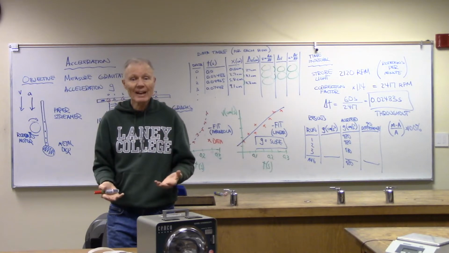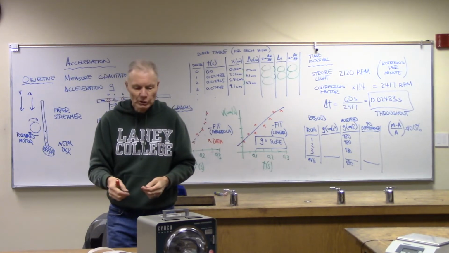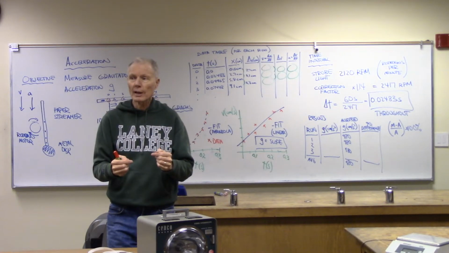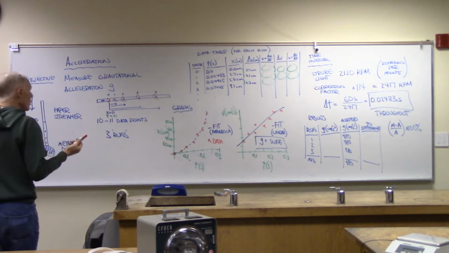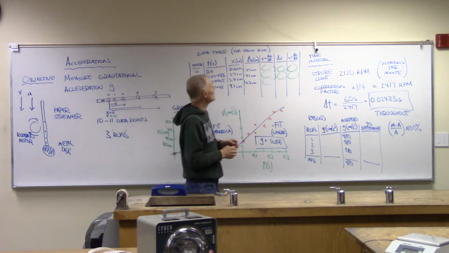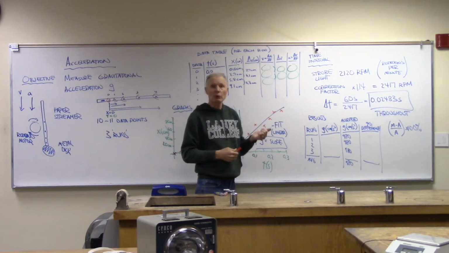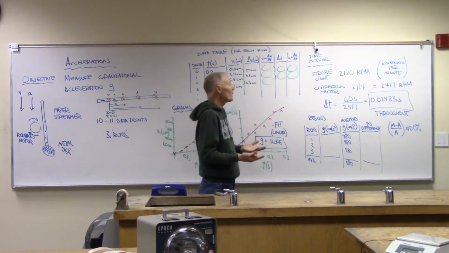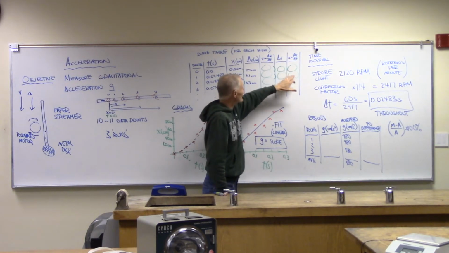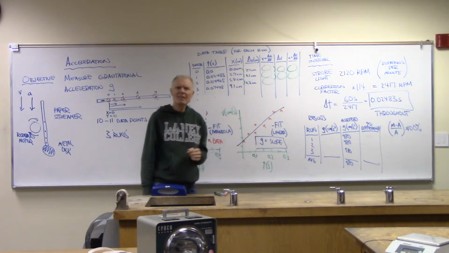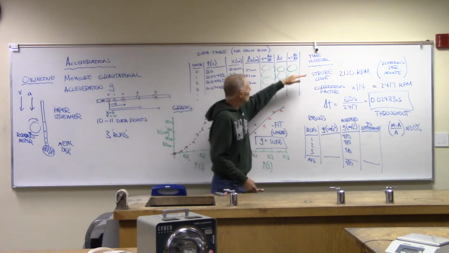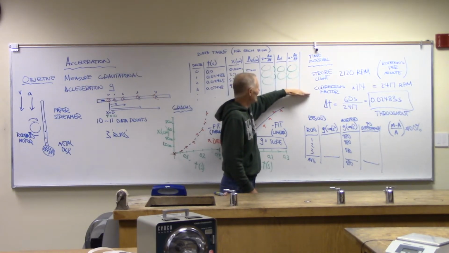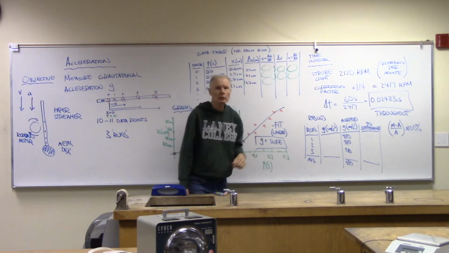So again, neglecting air resistance, neglecting friction as the streamer goes through the motor setup, those kind of things, if we ignore them, or if they're negligible, if they're not creating a slowdown, then we're hoping these accelerations will be similar to each other. So we're guessing that these are going to represent some kind of a consistent set of numbers.